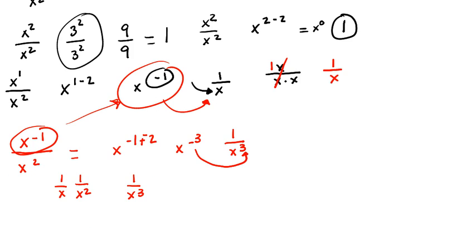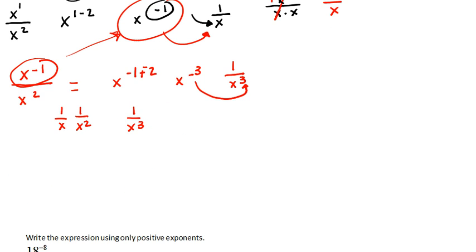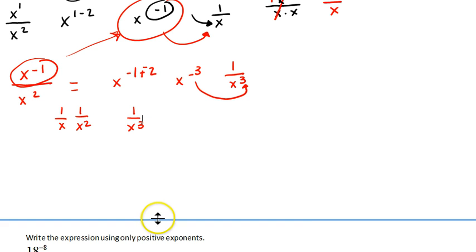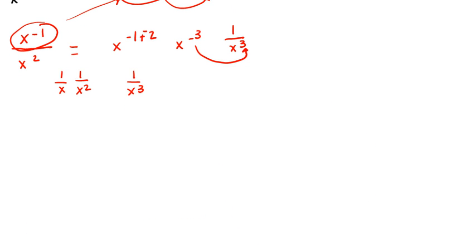Now let's look at this in terms of rules or laws of exponents. The first one that I'm going to talk about is what we call the DZP.